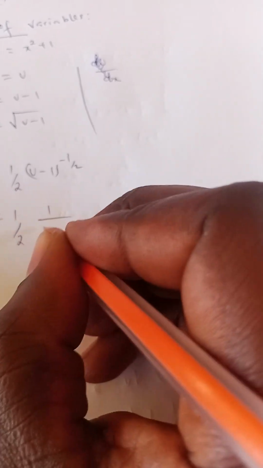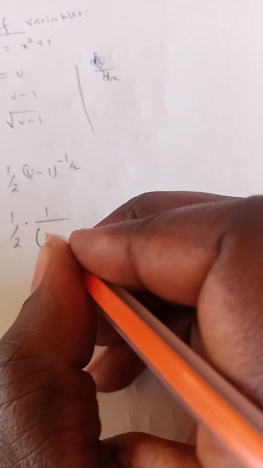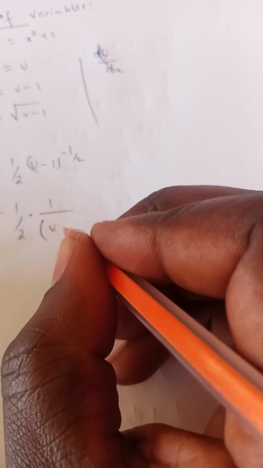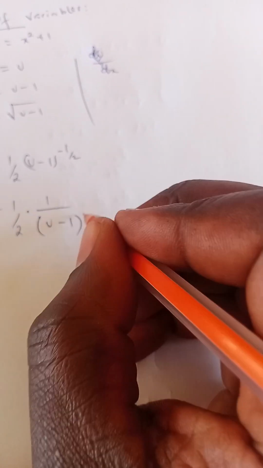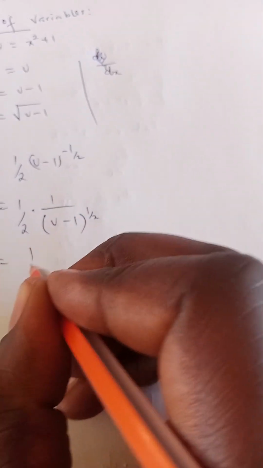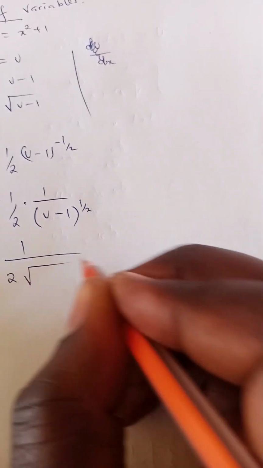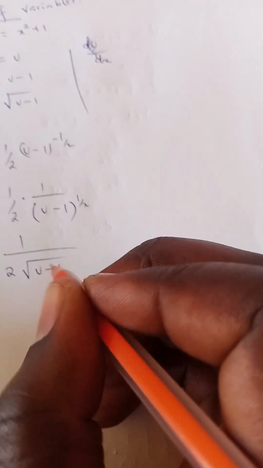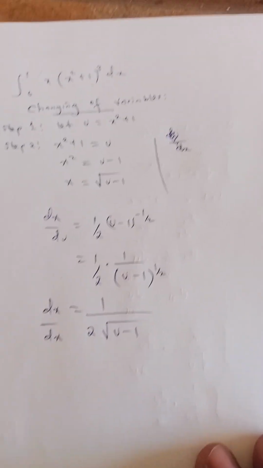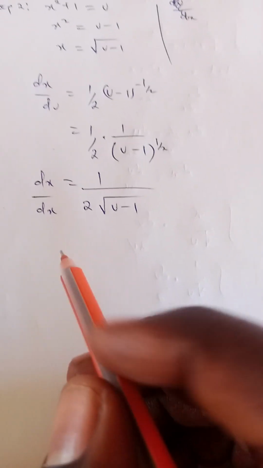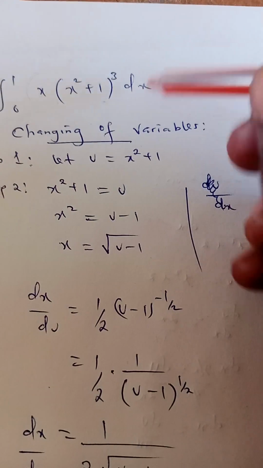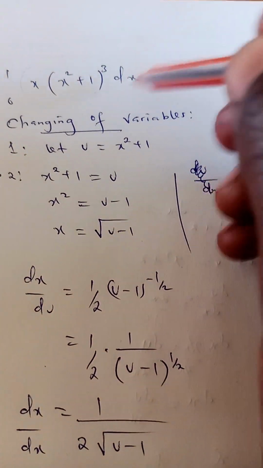Okay, and you agree with me that this one is as good as saying this by the laws of indices, which is this. When you simplify, you're going to get this. From here now, we're going to make dx the subject of the formula, because the entire sense is to have this in terms of u.